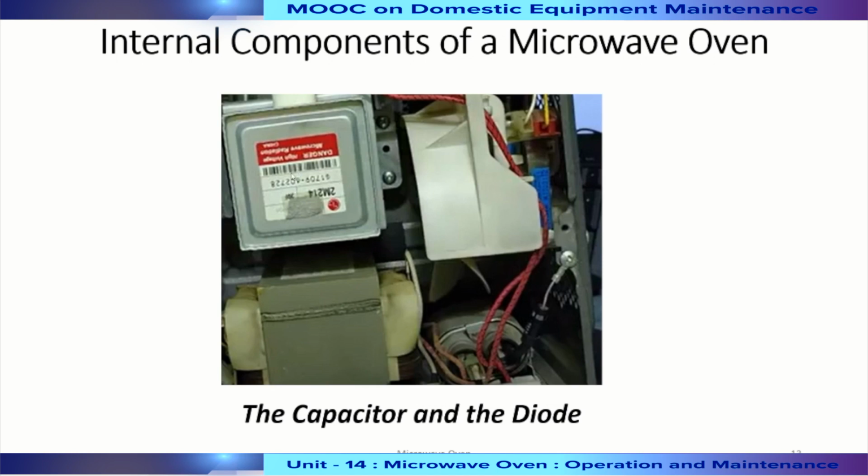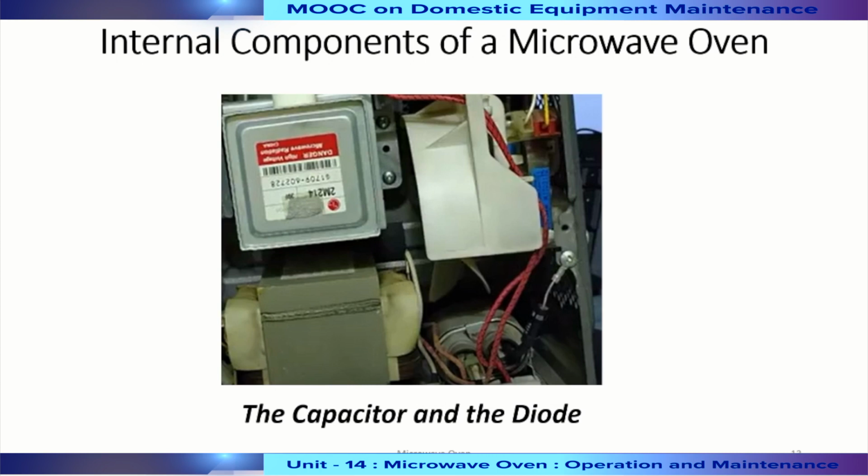In case this magnetron or this transformer fails to work normally, then they need replacement. So these components we can take out and test with a multimeter for their working, whether they are working or not.